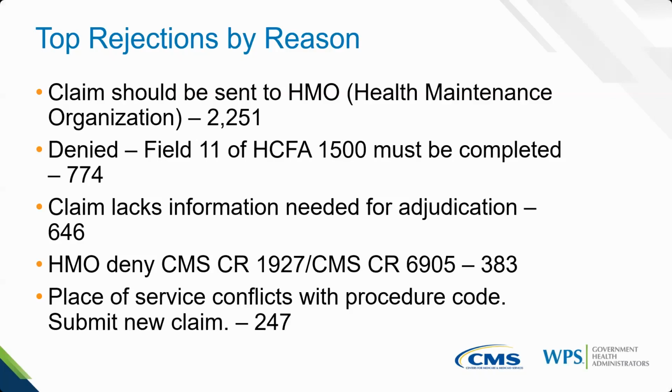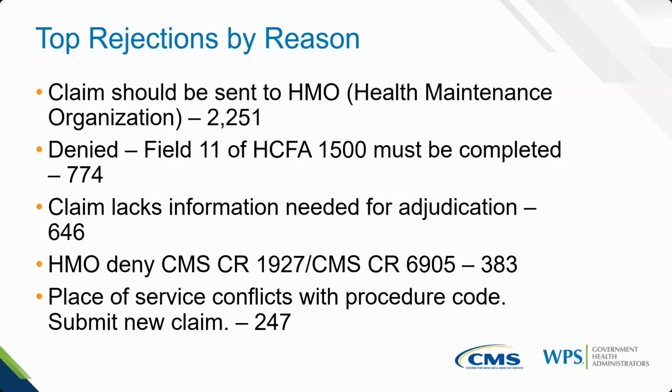The second most common, or another common, I should say, rejection is that it says denied, and here again is one of those rather strange explanations, or the verbiage used really isn't correct because it wasn't denied, it was rejected. So it says denied field 11 of the HCFA 1500.